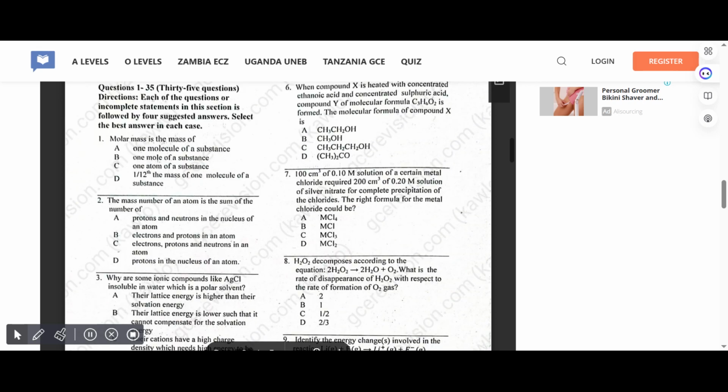Question 6. When compound X is heated with concentrated ethanoic acid and concentrated sulfuric acid, compound Y of molecular formula is formed.